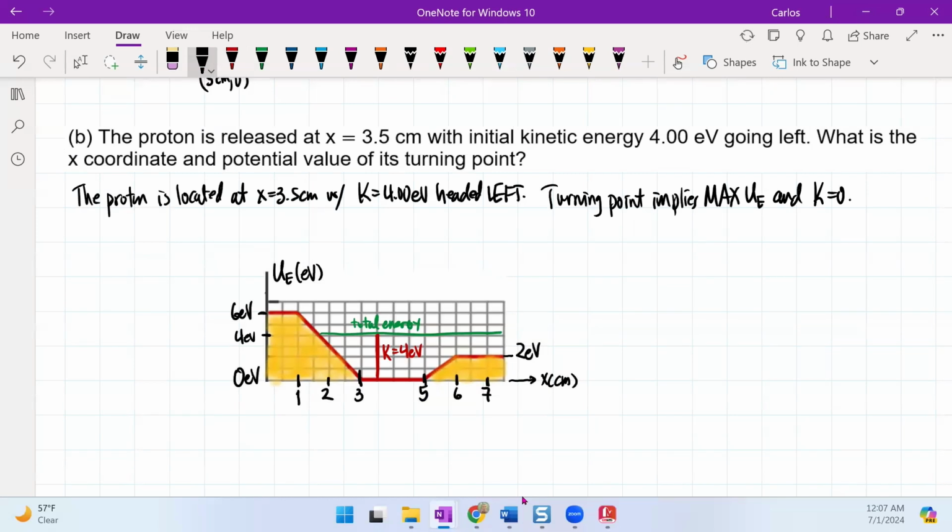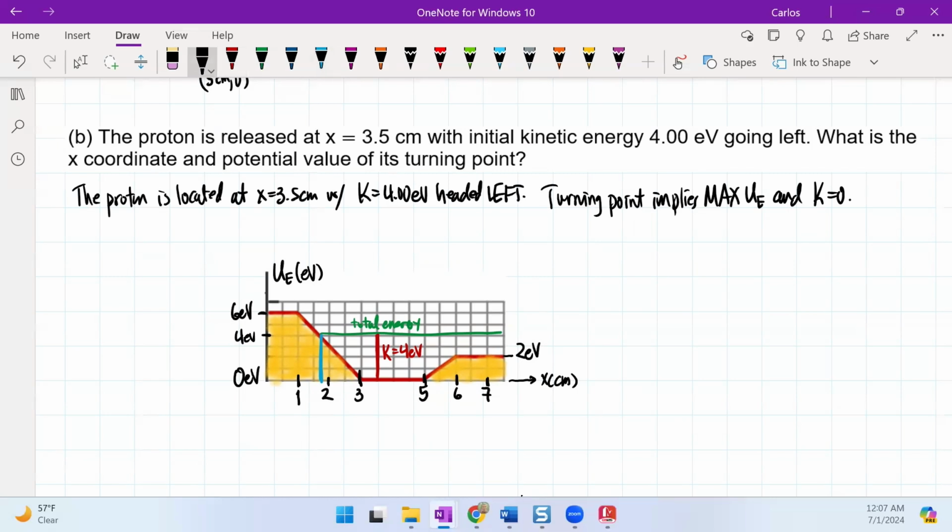So when I look at this point, I can see that this point is about right here. You can see that that's past 1.5 and it looks like it's right in between.